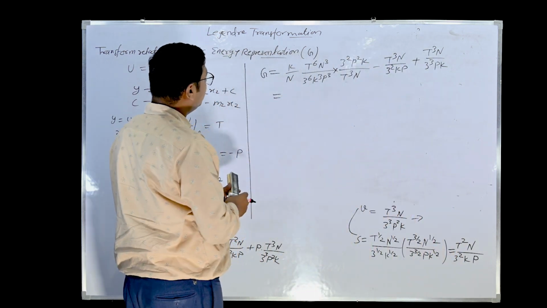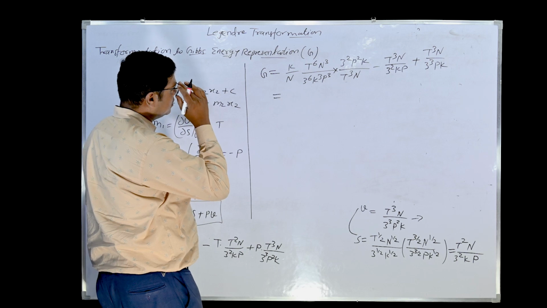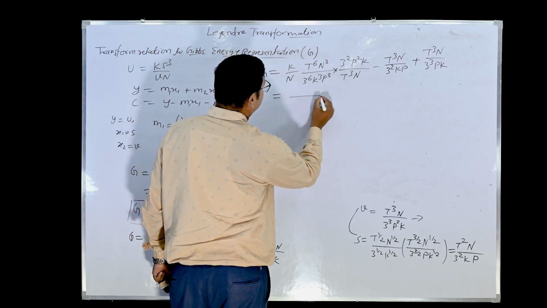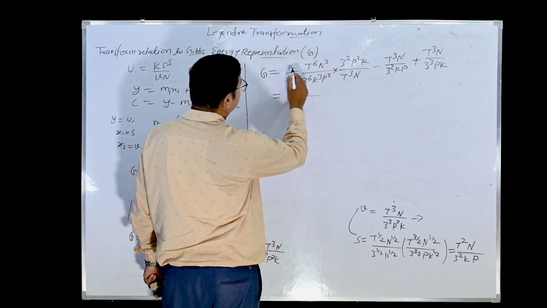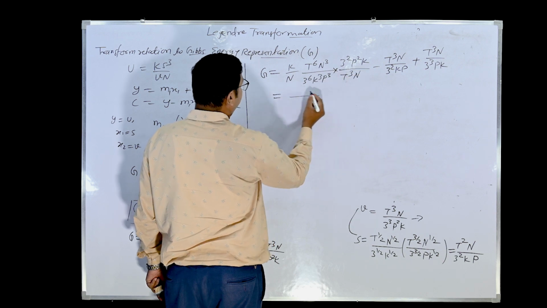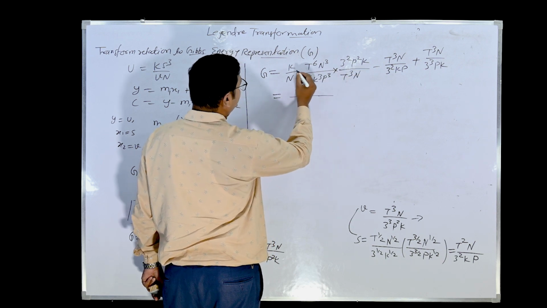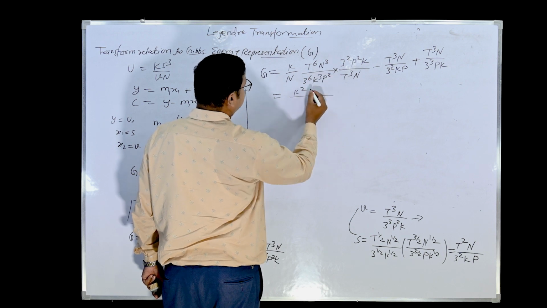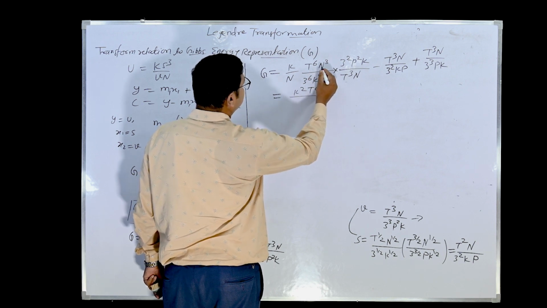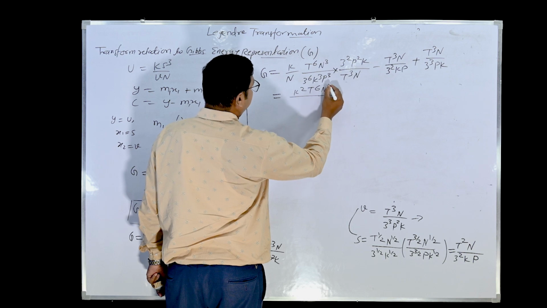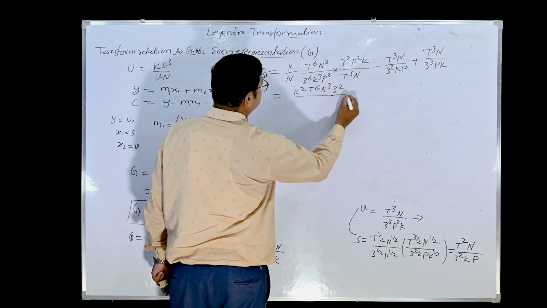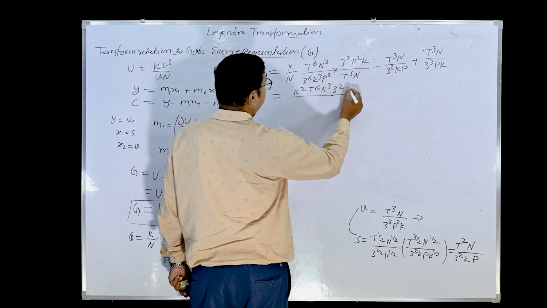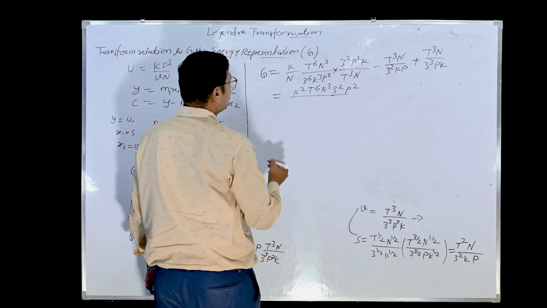Let's check what will be cancelled here. We start with the k square, then t to the power 6, then n cube p square and p square.